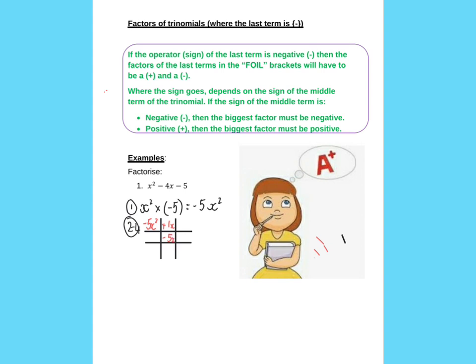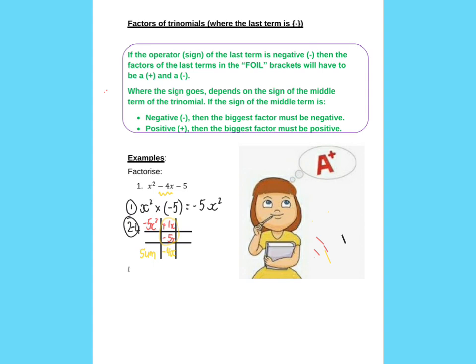And then we have to sum them, to see if it gives you the middle term's value. 1x minus 5x, or negative 5x plus 1x, does indeed give you negative 4x. That's my negative 4x that I was looking for. So those are the factors that I'll be working with.